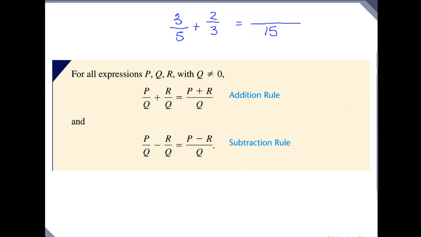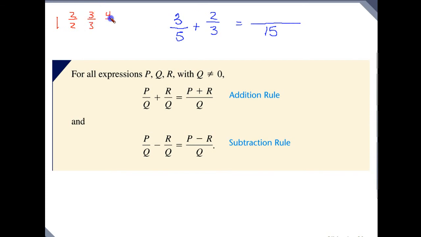Now the rule is we can multiply anything by 1 and not change its value. But I'm going to pick out a 1. Remember, there's a lot of different forms of 1. We have 2/2, that's 1. We have 3/3, that's 1.